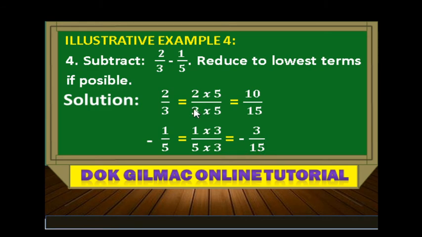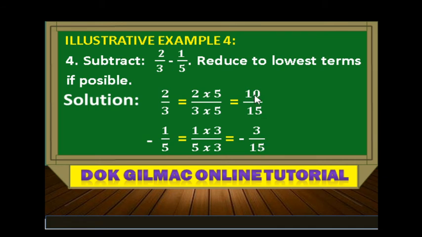Take note, we just multiplied 5 for 2/3, both numerator and denominator of 2/3, and for 1/5 we just multiplied 3 for both numerator and denominator to get the LCD, which is 15. So take note, 2 times 5 is 10, 3 times 5 is 15, and 1 times 3 is 3, and 5 times 3 is 15.